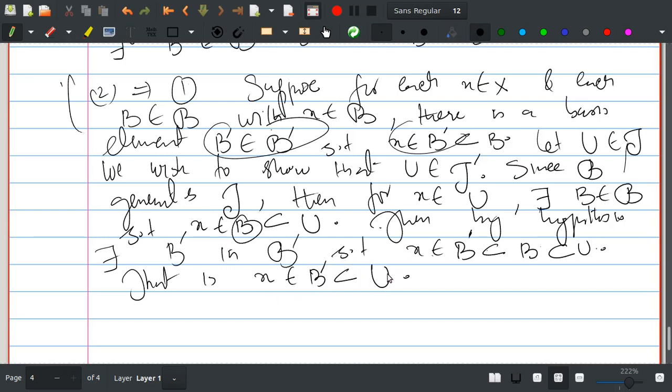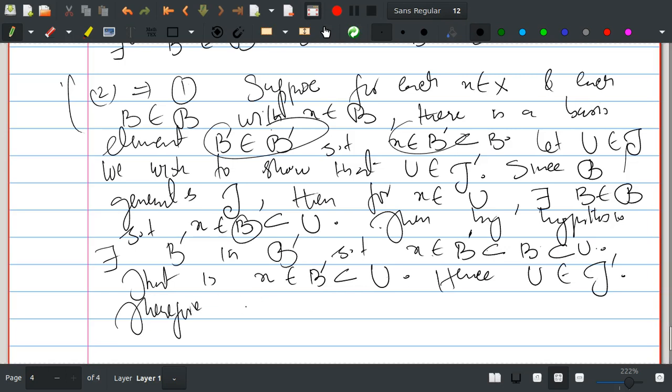So this means this U is open with respect to topology T prime as well, i.e. this U is in T prime. Hence U is in T prime, therefore this topology T prime is finer than T.